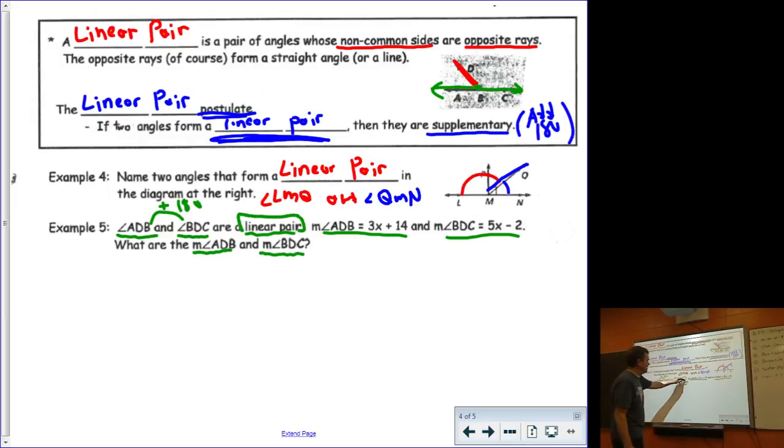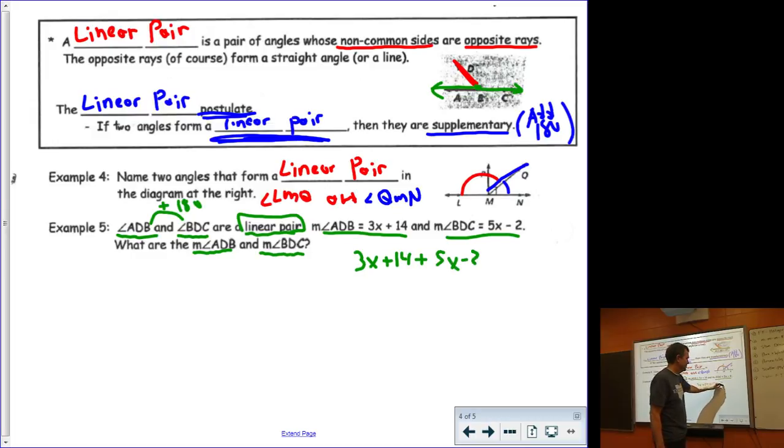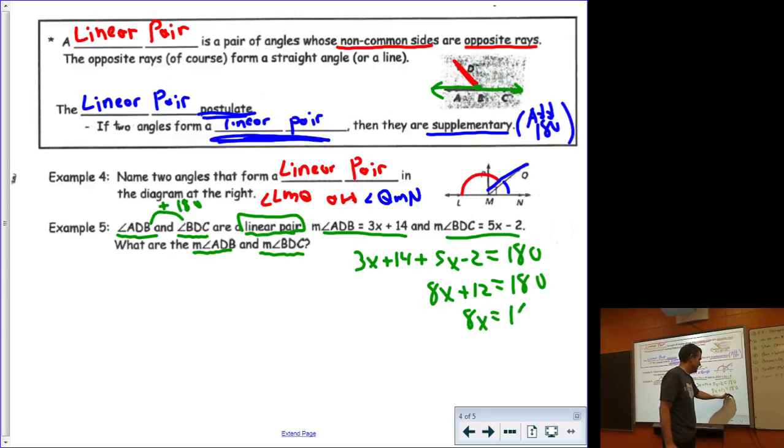Well, because they're a linear pair, I know they add up to 180. So 3x plus 14 plus 5x minus 2 is going to add up to 180. Or 8x plus 12 is going to add up to 180. And if I subtract 12, I get 168. And if I divide by 8, I get x is 21.